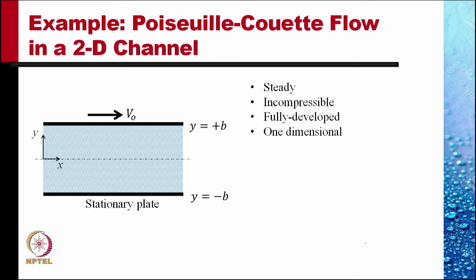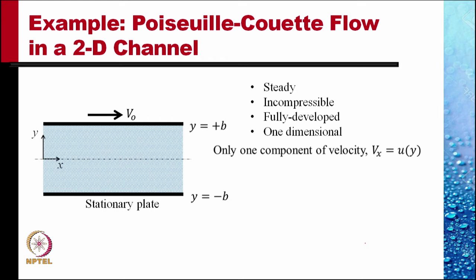If the flow is one-dimensional, there is only one component of velocity, and that is in the x direction. Vx, and we label it u, and this is a function of only one space variable, y.